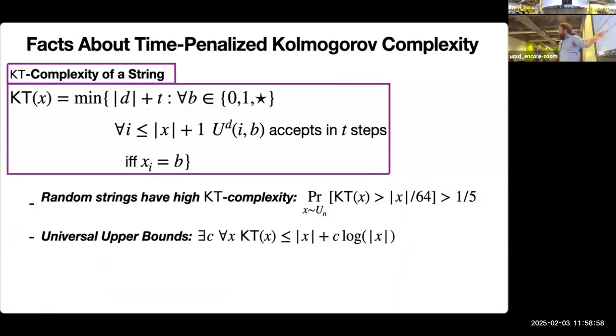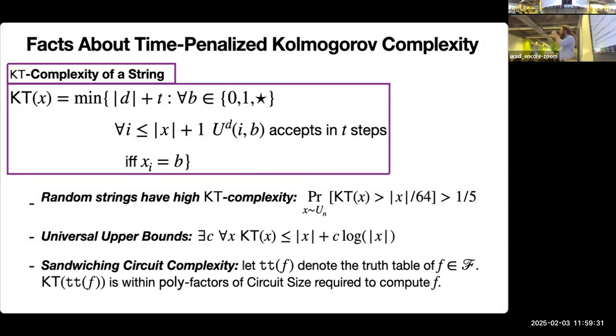For every X, the K big T of X is at most the length of X plus C times log the length of X. And this is pretty much the time and description length overhead required for a program that just memorizes X inside its head, checks which bit you're looking for, and goes to the address of that bit, using its random access to its own description.